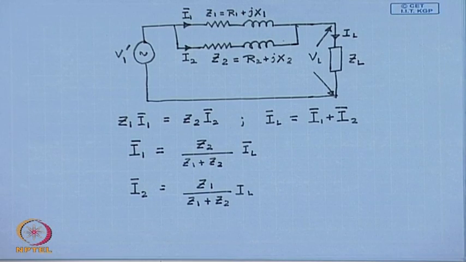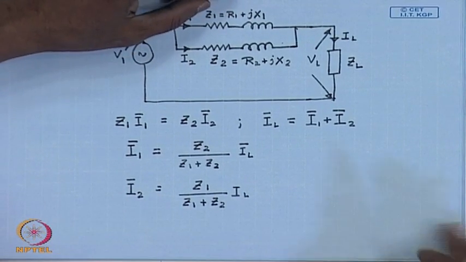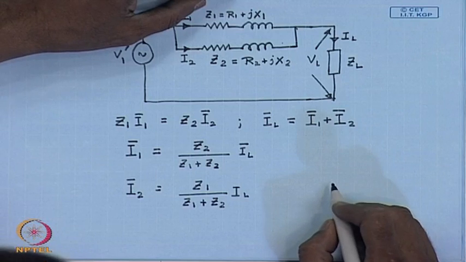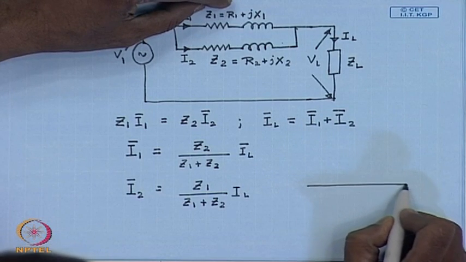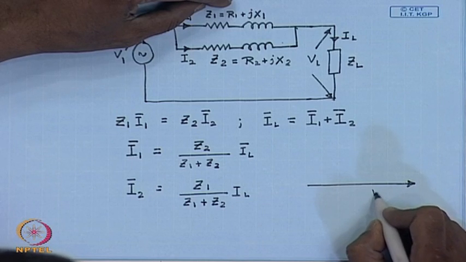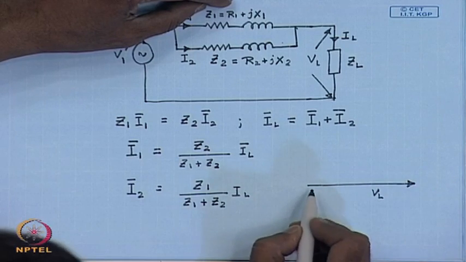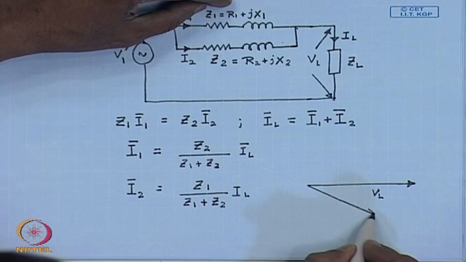Now, let us try to see the phasor relationship between these currents and voltages. Let us say this is the load voltage phasor VL and this is the load current phasor IL.